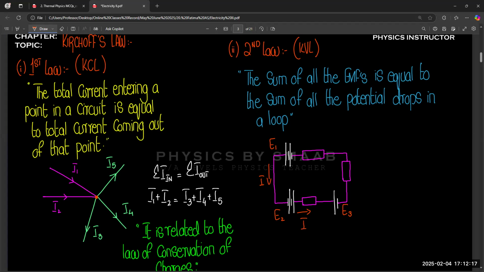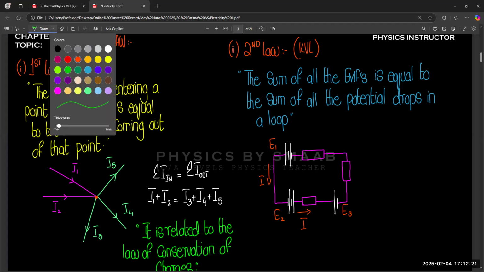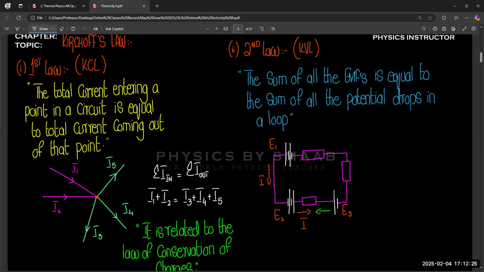But the problem with E3 is that it is not following the same procedure. It allows current to flow in the opposite direction. So this is opposing.